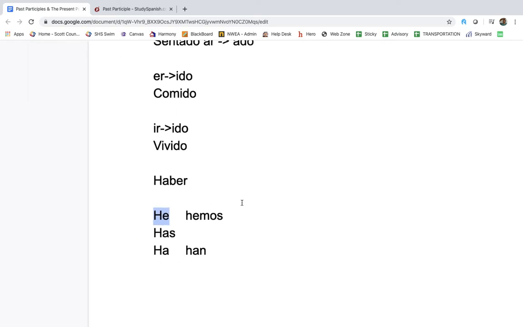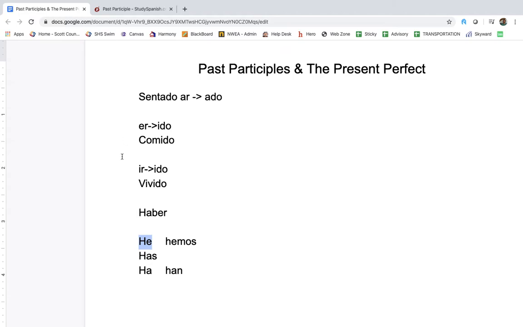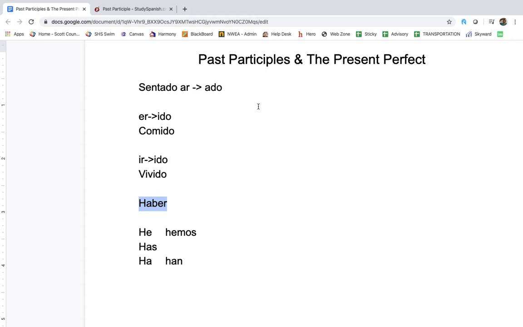So we can now combine the two things that we have learned so far, past participles and the conjugation of haber, to make sentences. So sentado, sentar is to sit. So if I say he sentado en chicle, that means I have sat on gum. He sentado en chicle, and we'd probably make that reflexive.